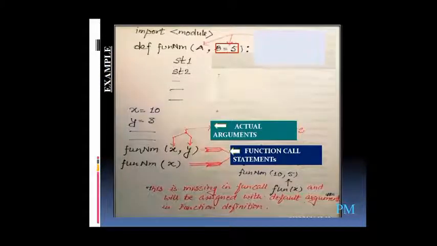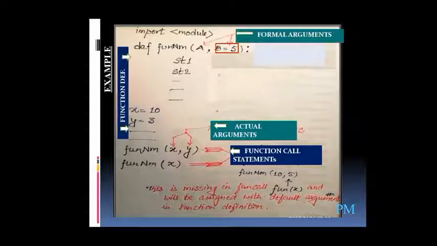Again, there's an image example. The last two statements are function call statements, and two arguments have been passed in the first function call statement. In the second function call statement, there is only one argument. If we look at the top, the green box is a formal argument, and the blinking red box says that this is a default argument.